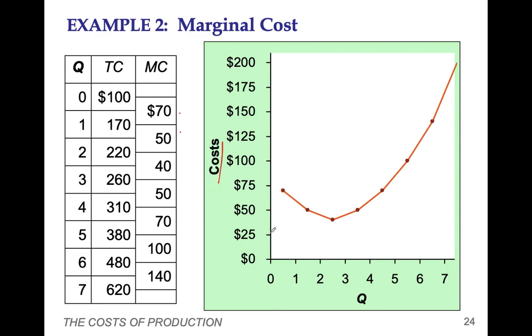Here costs, marginal costs, and here output Q. At the beginning it is decreasing, then it attains a certain minimum, and then it rises again. So this is a typical form of the marginal cost curve for any firm.